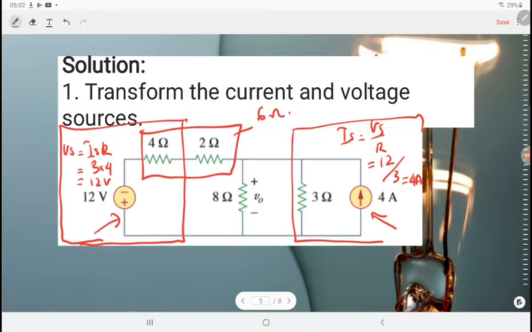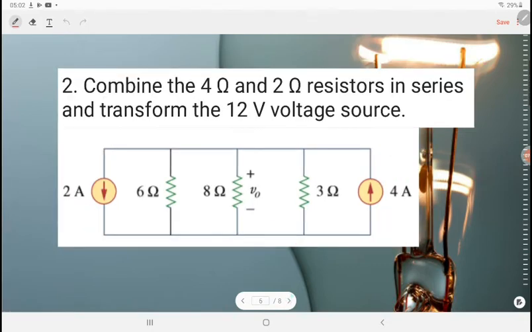So again we can convert this voltage source into a current source.